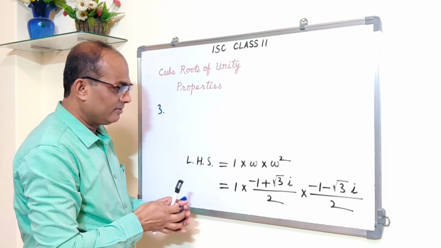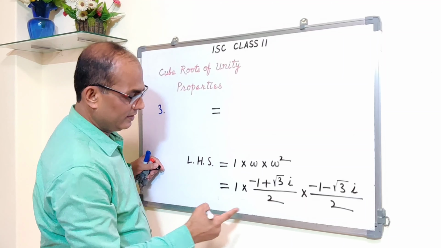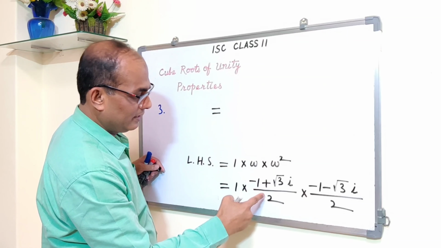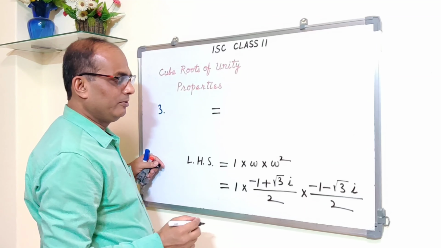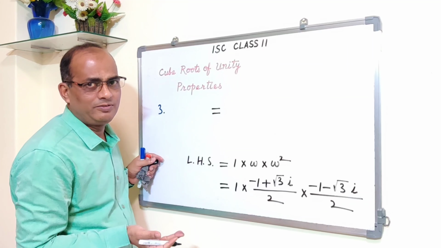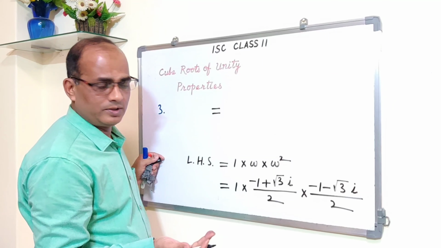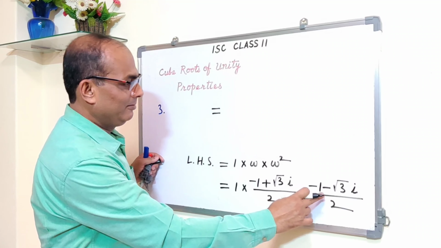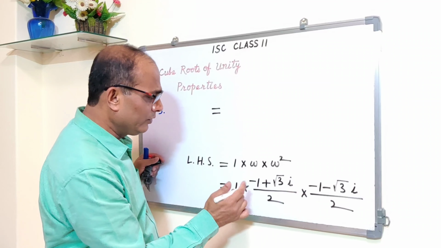Now this is equal to, now see this, we have to multiply this into this. Now it is up to you how you are going to simplify. This is how I am doing, but you can do in your own way, whichever way you find easier. If I take minus outside, you can do like this also.